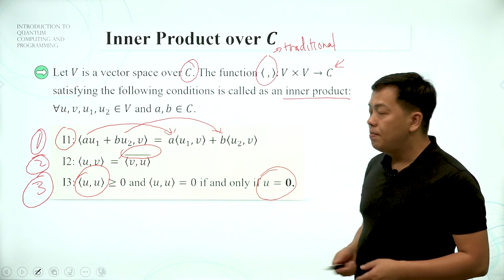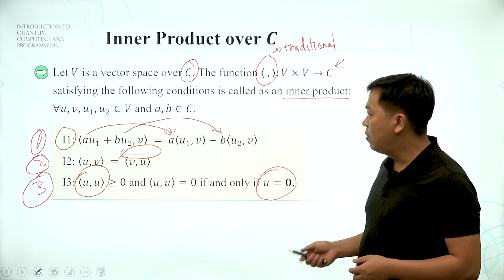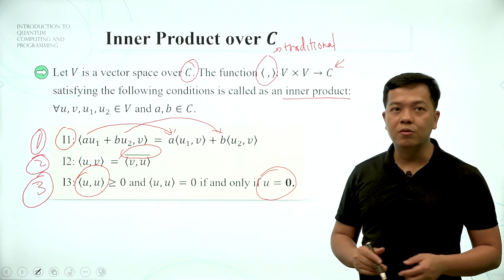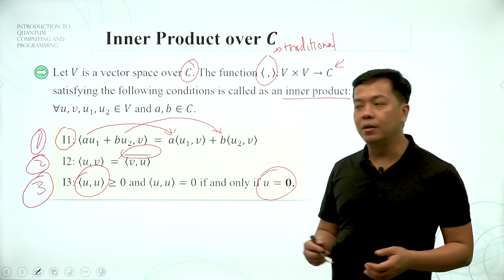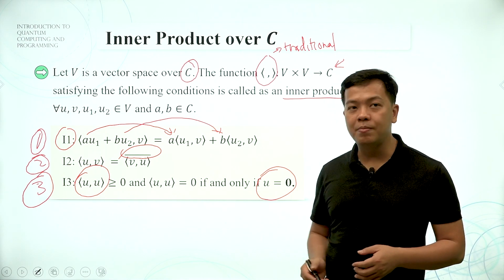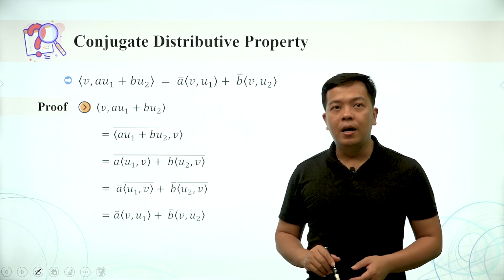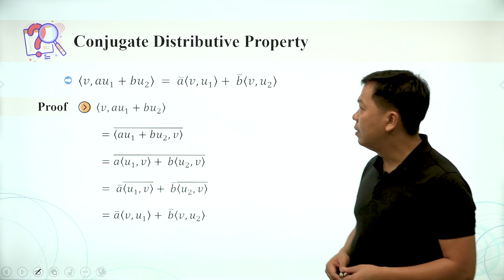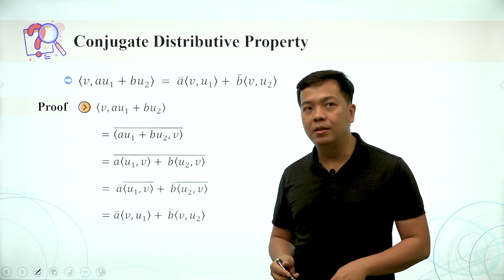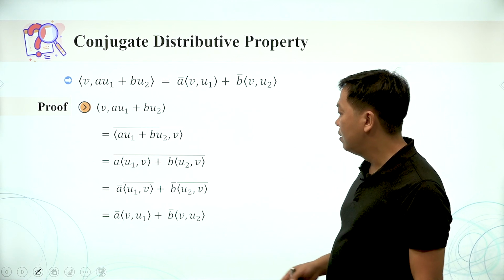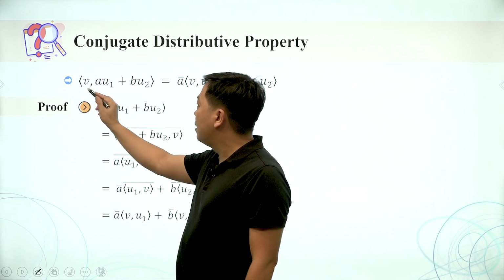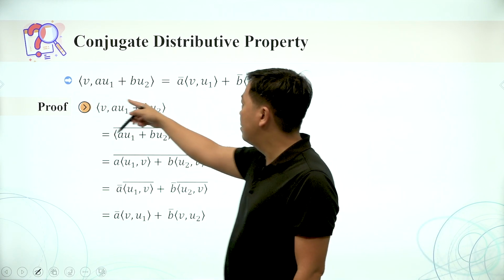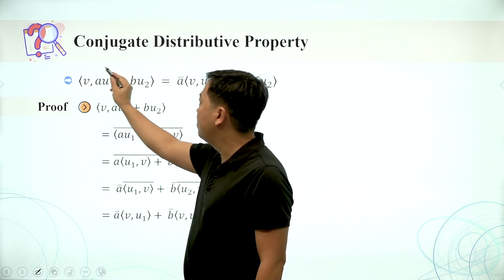This part is important: it needs to follow the linear operator, or linear combination. Over here is an example of how to prove it. We have vector V with an inner product with vector U and a linear operator.